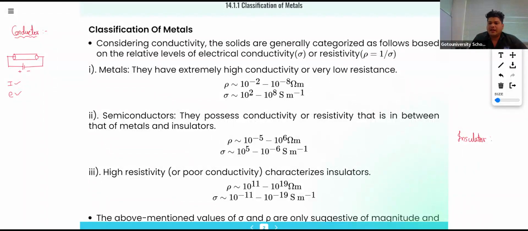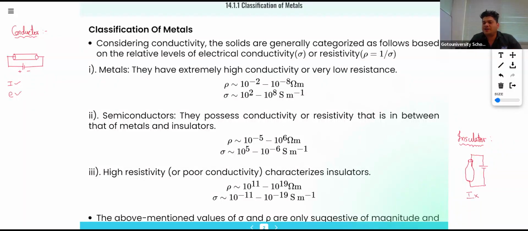what will happen if I take an insulator? Let us consider that I am taking a plastic bottle, and if we are connecting it with a battery, we will see that there is no flow of current.